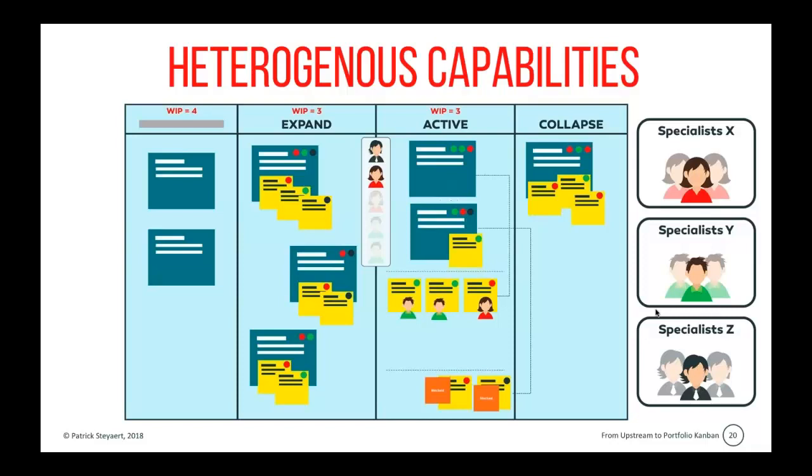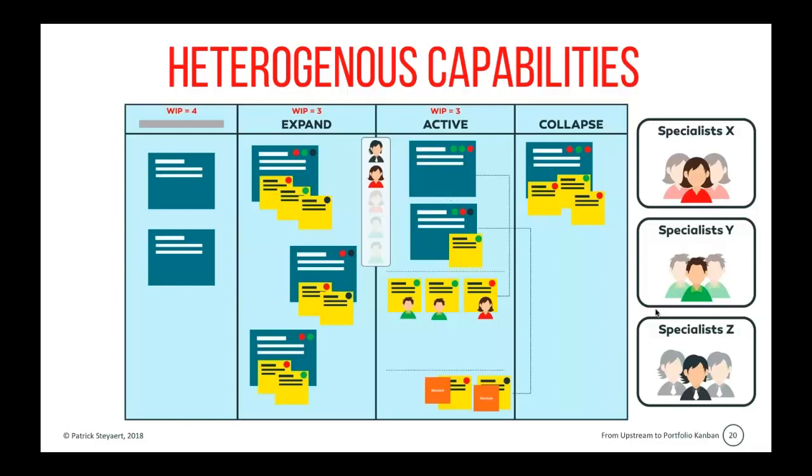And so what happens in that case? So in this board, we represent the work of multiple teams on one board, and so we have bigger requests, the dark bluish items that require different competencies, red, green, or black competencies.